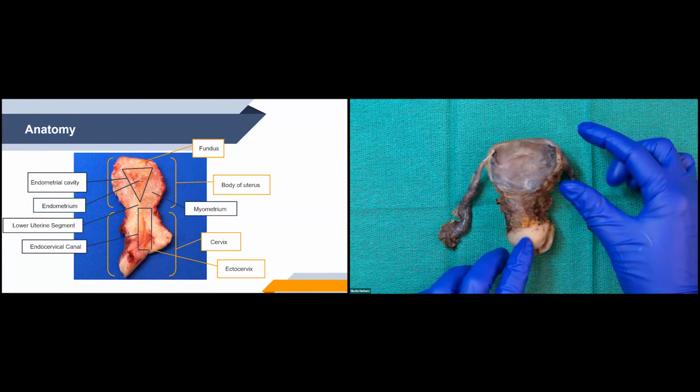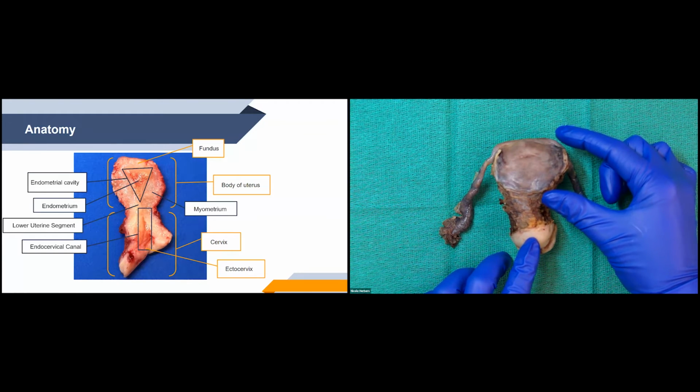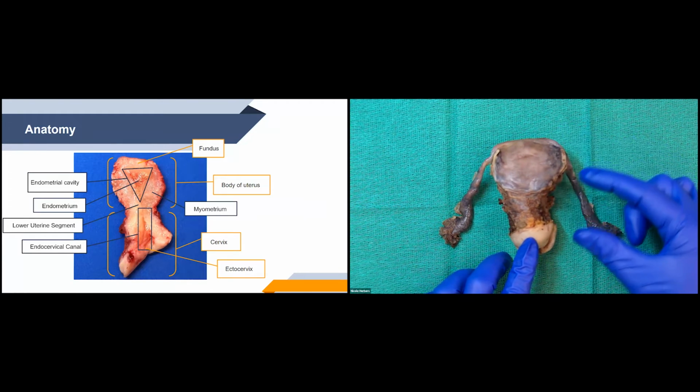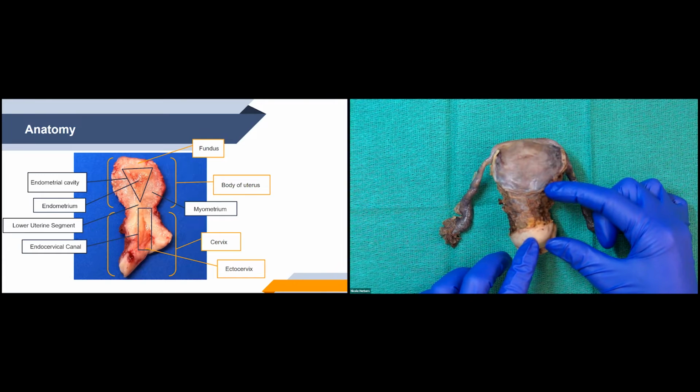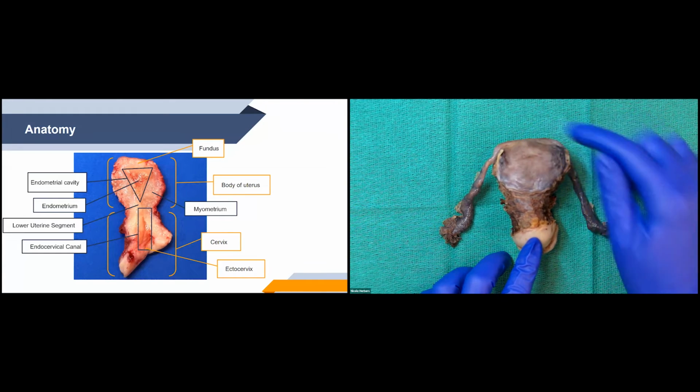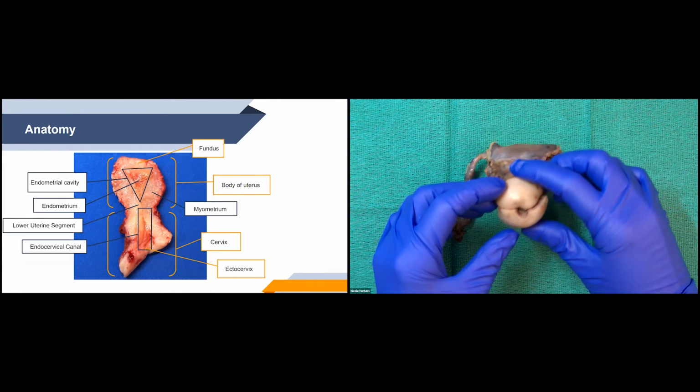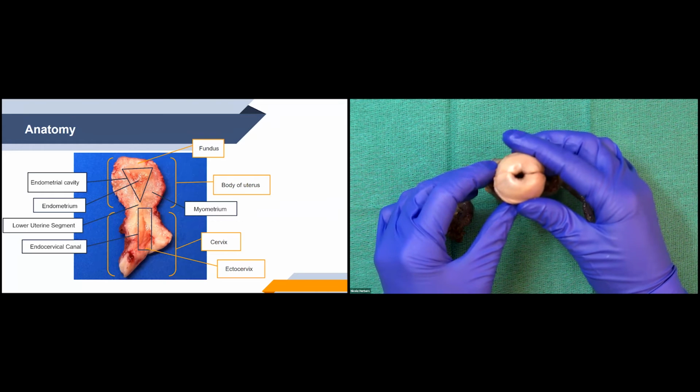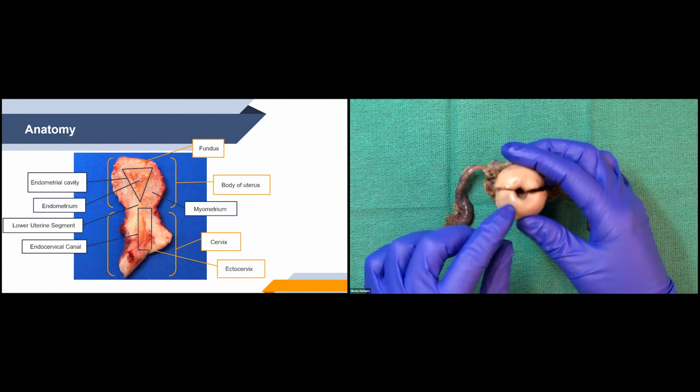So for our specimen today, we have the body of the uterus here, the cervix, the fundus, the ectocervix, with the external os here.